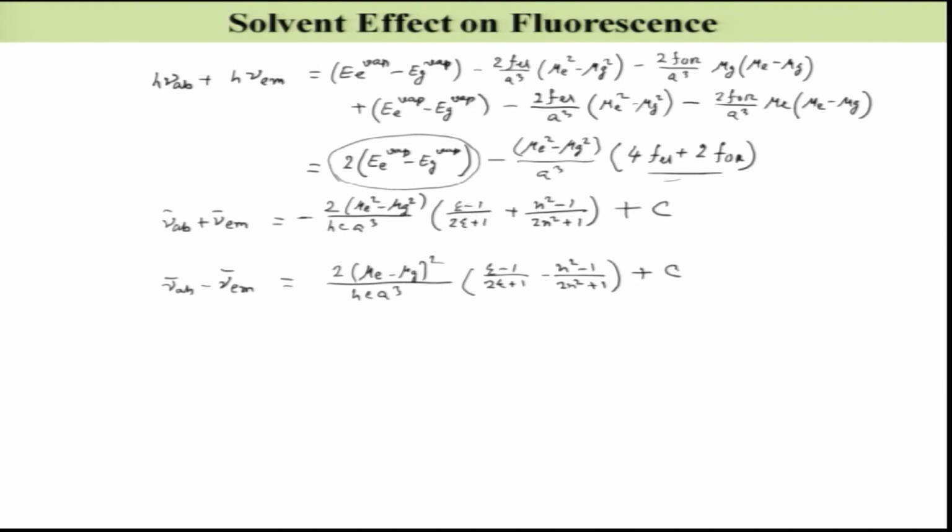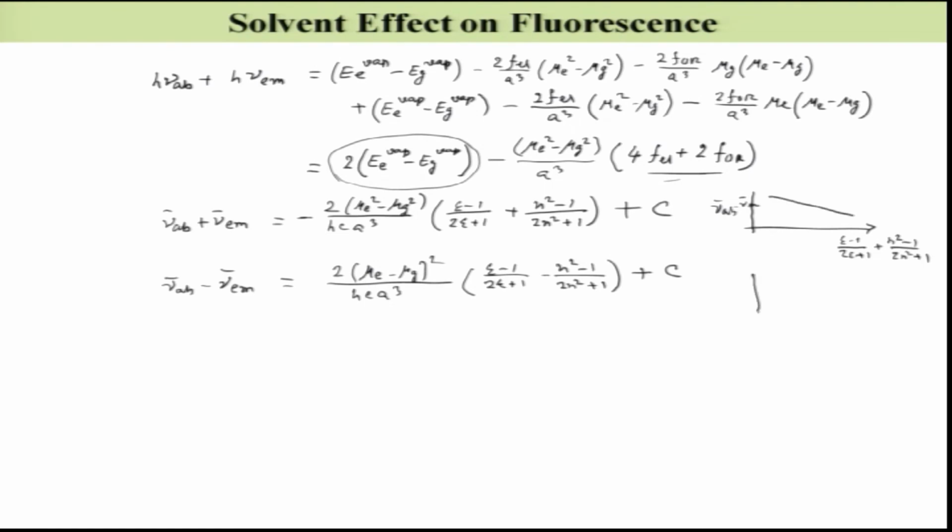So, now if I plot nu bar absorption minus nu bar emission versus the quantity (epsilon minus 1) by (2 epsilon plus 1) plus (n square minus 1) by (2 n square plus 1), I will get a straight line with a negative slope.